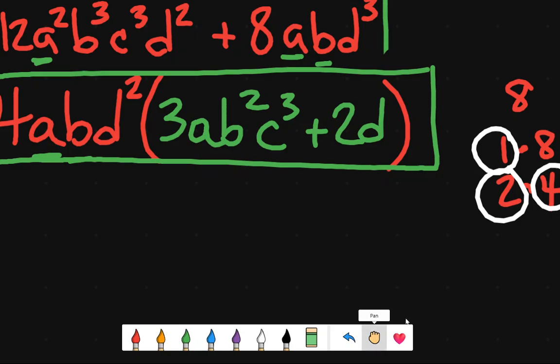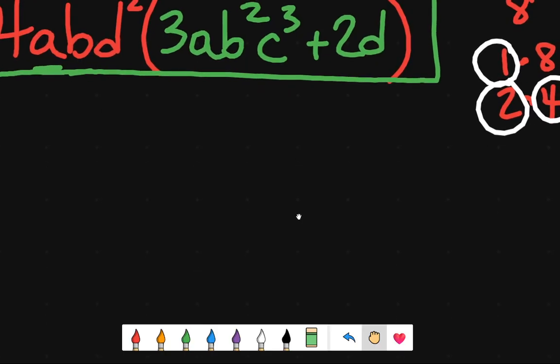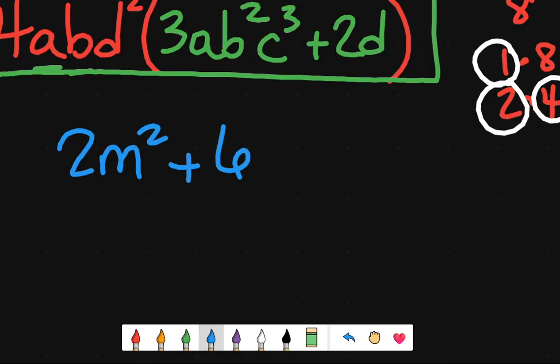All right, I'm giving you some homework for you to try, and I want you to bring it back and show the good mister that you understood the lesson and you can apply what you have learned. So here it is in the blue. You are to factor out 2m to the second plus 6mn, or 6 times m times n.